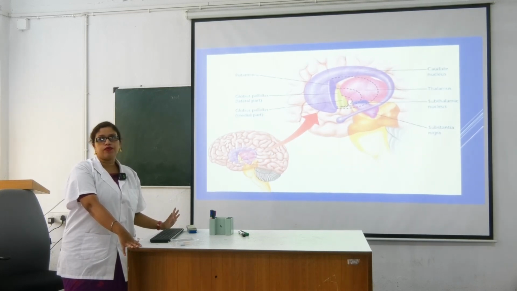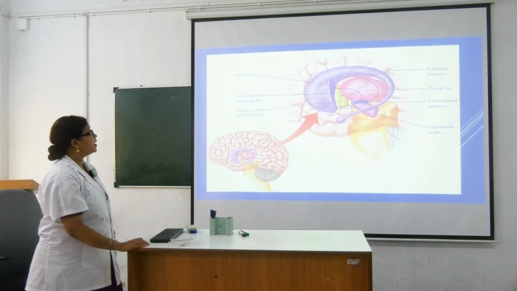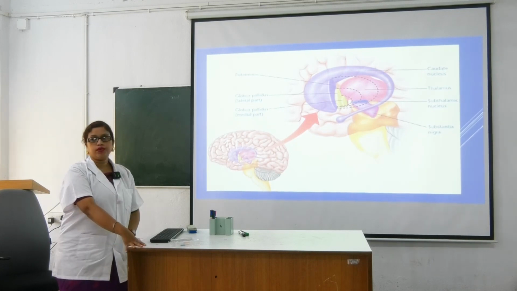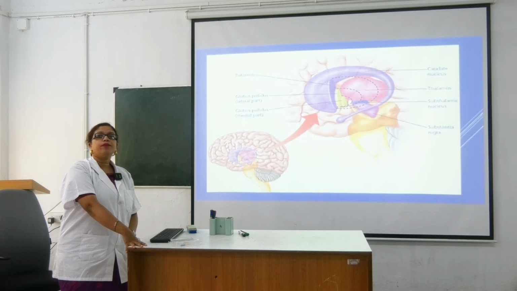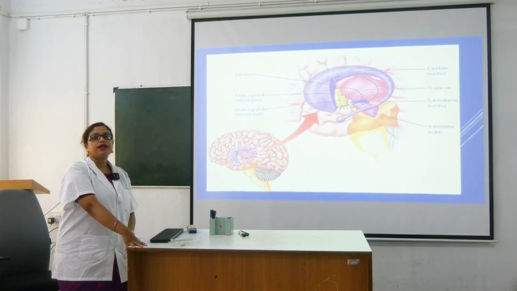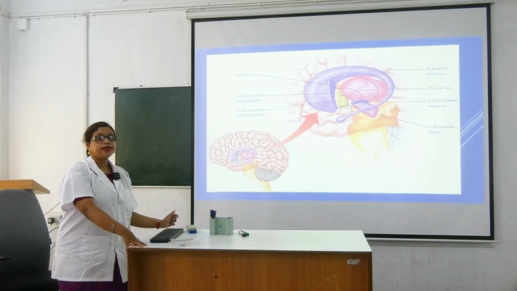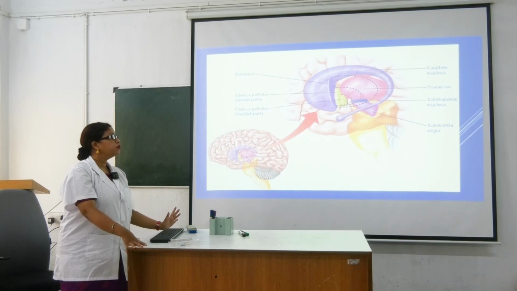The lateral part of globus pallidus is related to the caudate nucleus, whereas the medial part is related to the putamen.